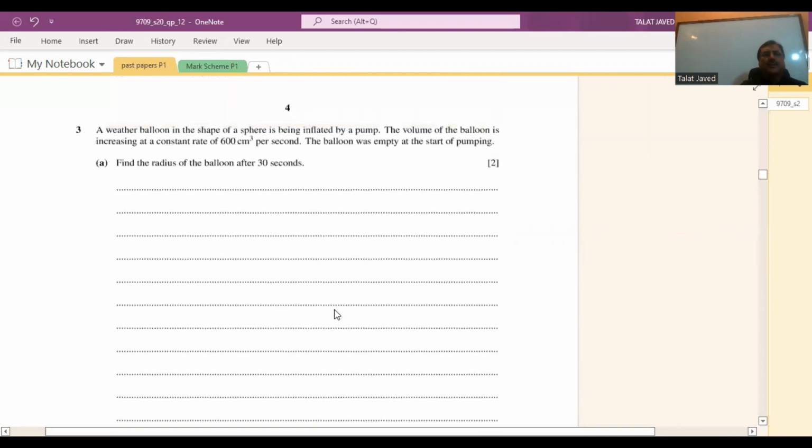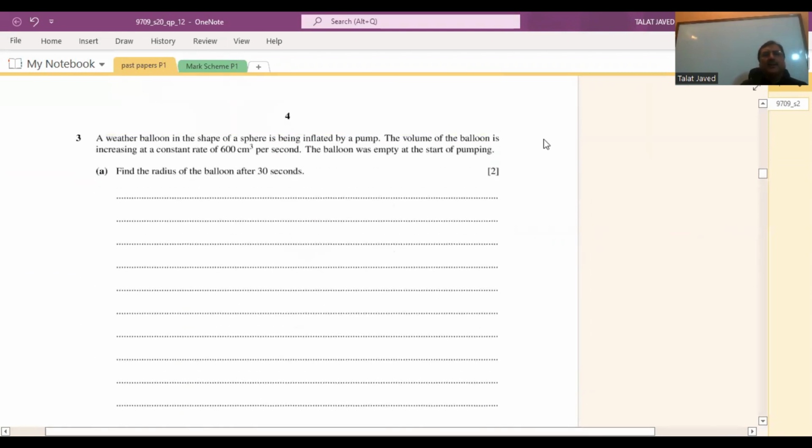Now let's move to question number 3. This question is related to the rate of change. The first part: a balloon in the shape of a sphere is being inflated by a pump.